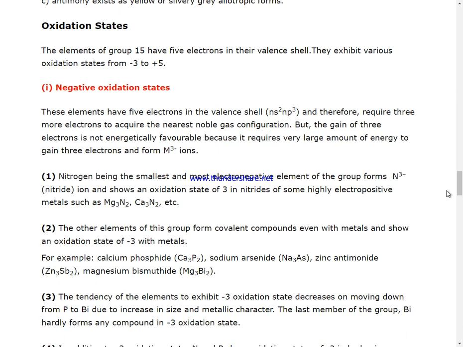Negative oxidation states. These elements have 5 electrons in the valence shell, ns2 np3, and therefore require 3 more electrons to acquire the nearest noble gas configuration. But the gain of 3 electrons is not energetically favorable because it requires a very large amount of energy to gain 3 electrons and form M3- ions.